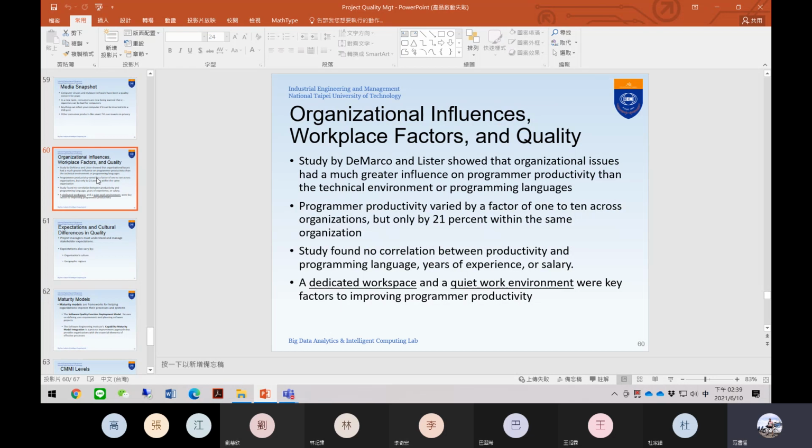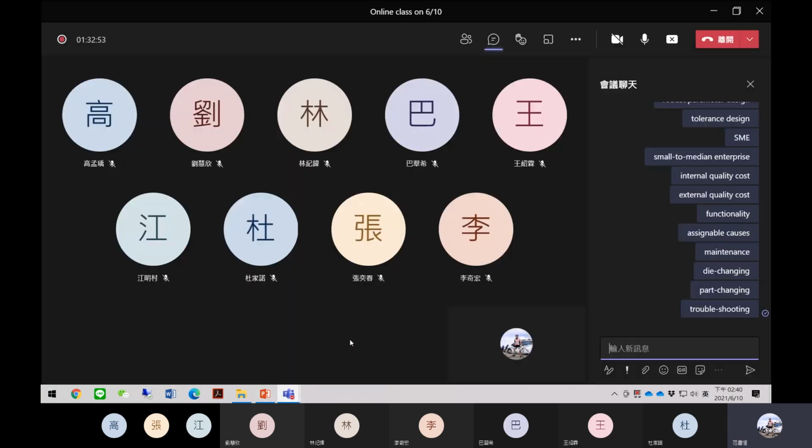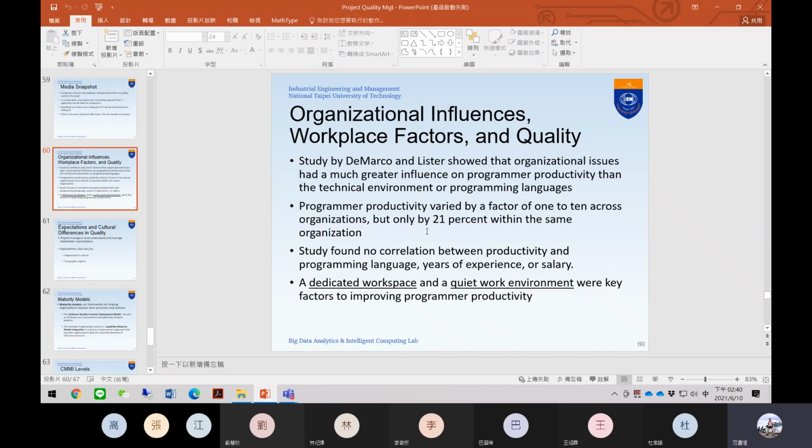Organization influences are a workplace factor in quality. A study by DeMarco and Lister shows that organization issues, which are called organizational behavior in the undergraduate courses, have a much greater influence on programmer productivity than the technical environment or programming language.